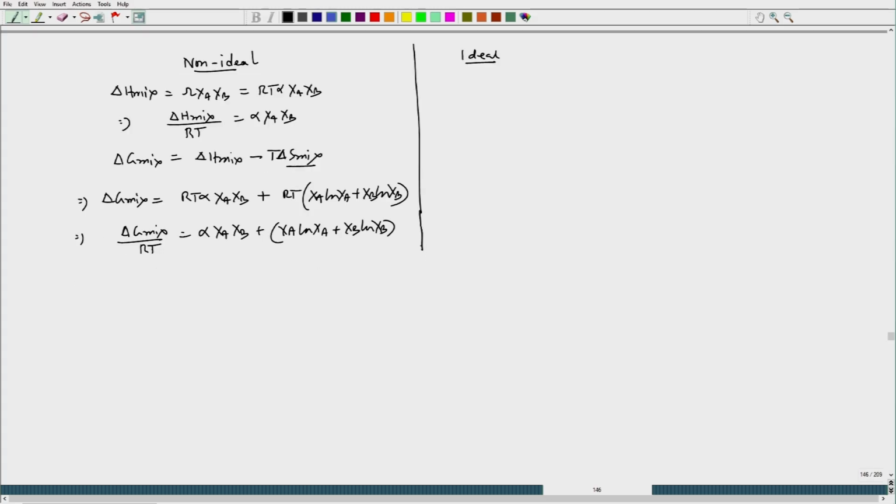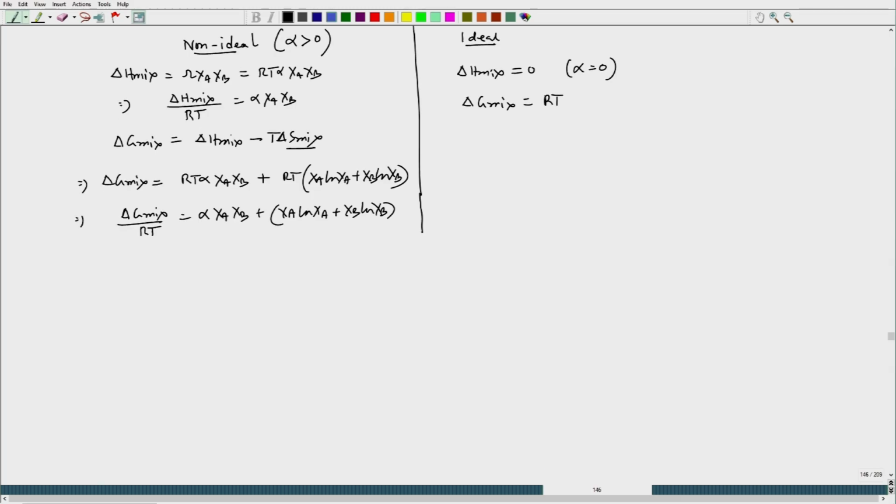This is the non-ideal case. For the ideal case, delta Hmix equal to 0 means alpha equal to 0, and we will take the condition that alpha is greater than 0 and varies from a lower value to a higher value. Here delta Gmix is equal to RT (XA ln XA plus XB ln XB).